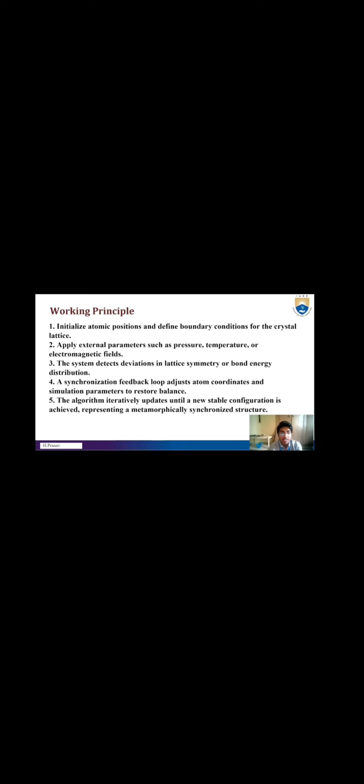A synchronization feedback loop adjusts atomic coordinates and simulation parameters to restore balance. The algorithm updates until a new stable configuration is achieved, representing a metamorphically synchronized structure.